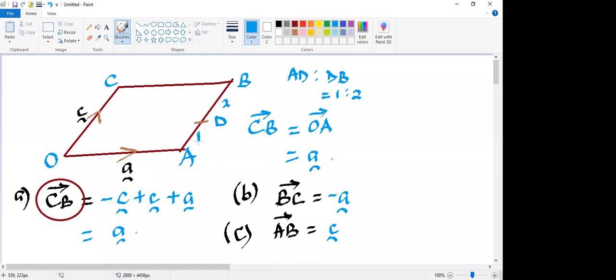We are recalling, picking it from the vectors that we know from our O-level work.